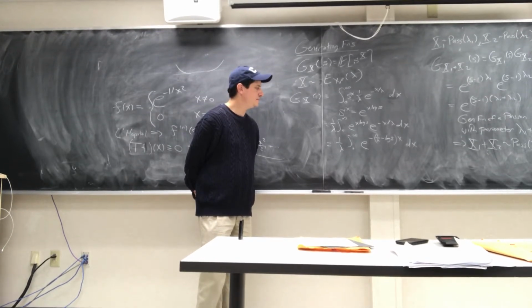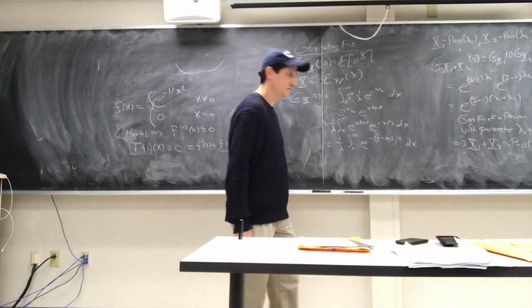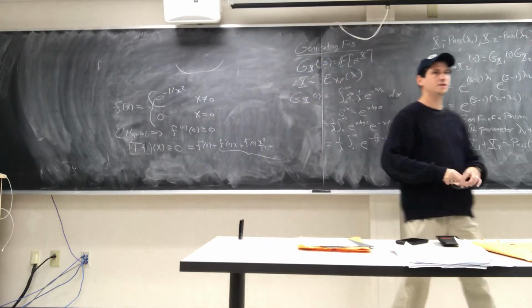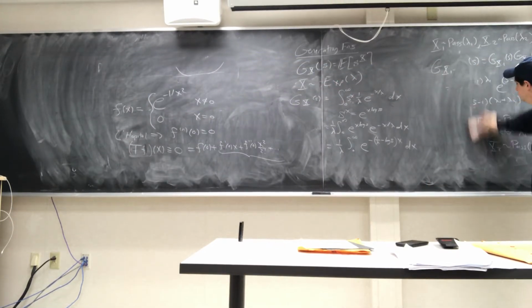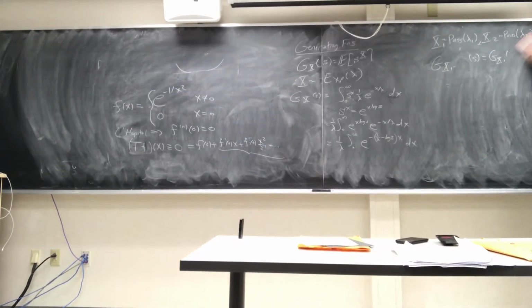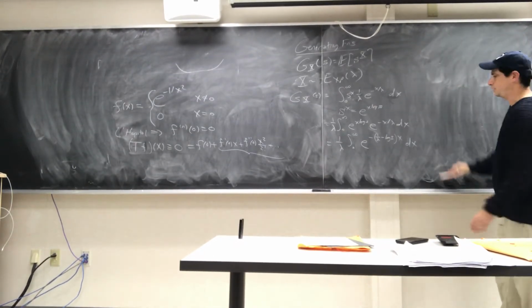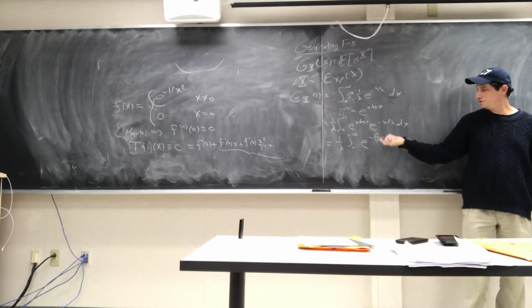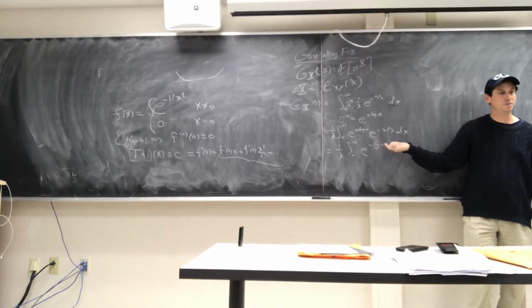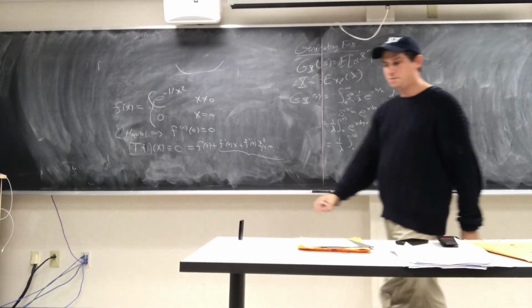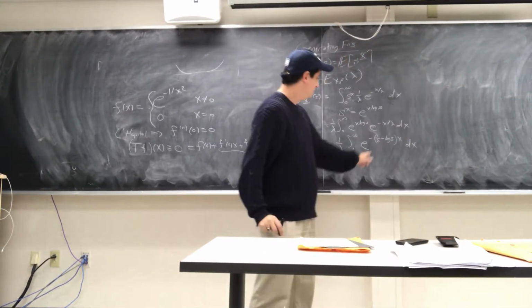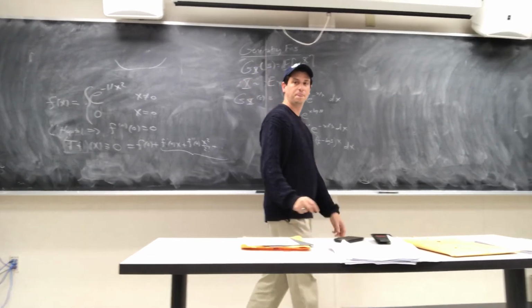What do I need for this integral to be well behaved? If I want this integral to be finite, what must be true about this number in parentheses? It must be positive, right? If that number in parentheses was not positive, then this would be exponentially growing.